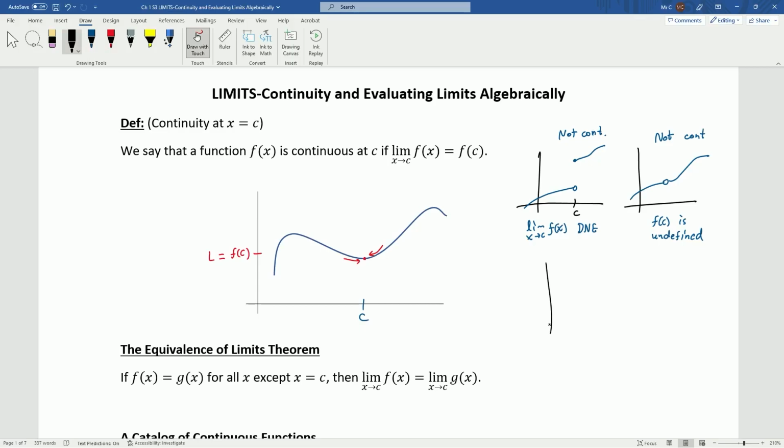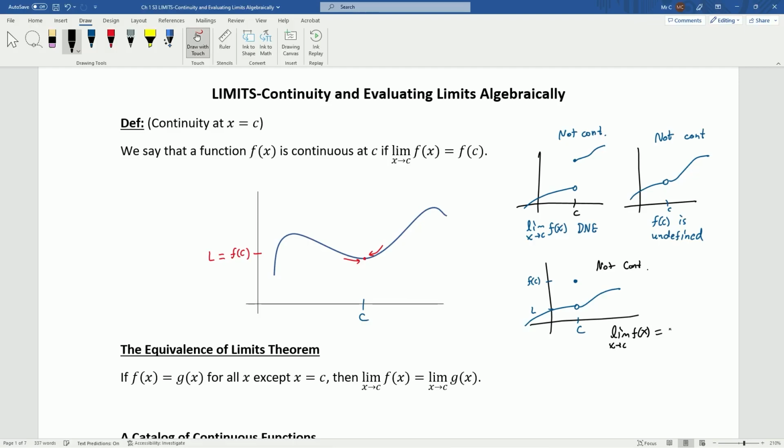And similarly, maybe the limit exists, and maybe the function is defined, but maybe the value for f of c is up here. So the value of the limit is not equal to f of c, and so we would also say this is not continuous. But in this case, it's not continuous because the values are not equal.